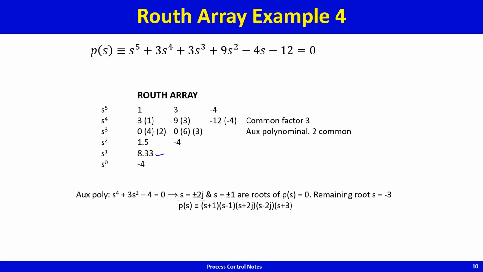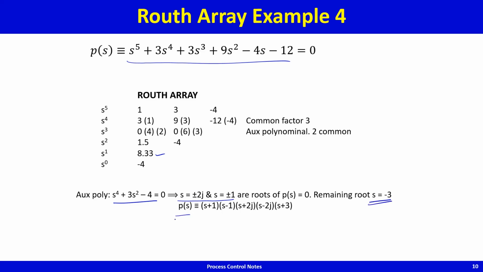So we got these two as the mirror image roots from the roots of the auxiliary equation or auxiliary polynomial. This is a fifth order system. We got 4 roots, 2 mirror image pairs. The remaining root, if you just divide and do factorization, you'll get s equal to minus 3 as the other root.